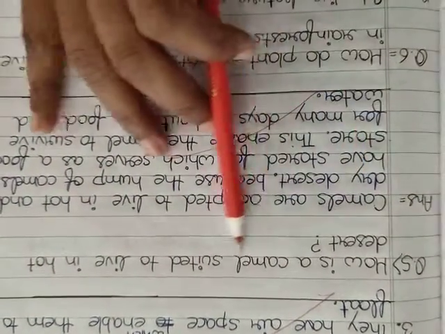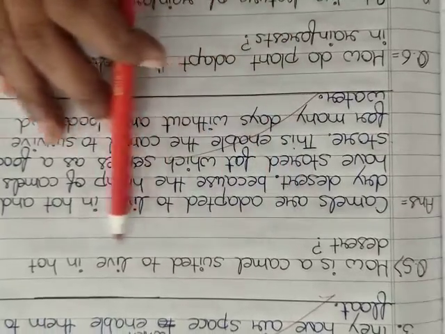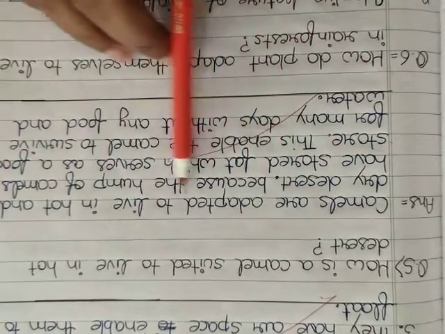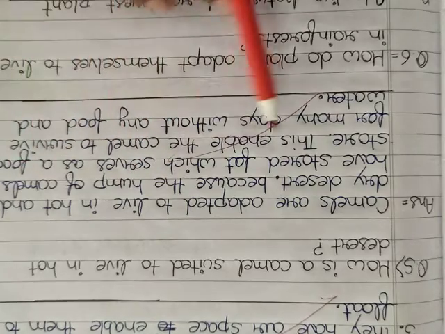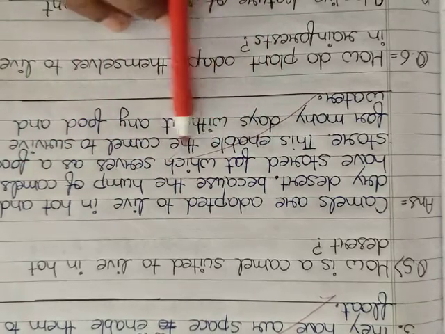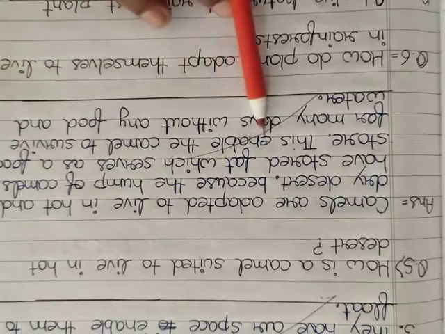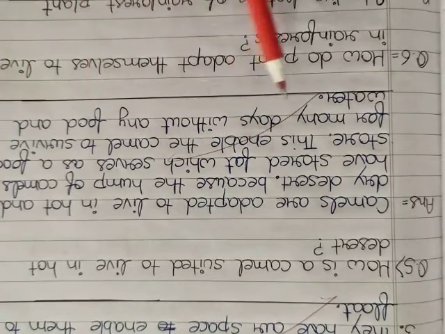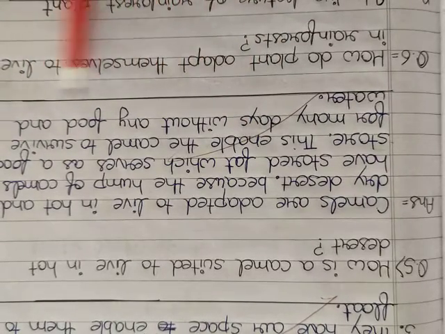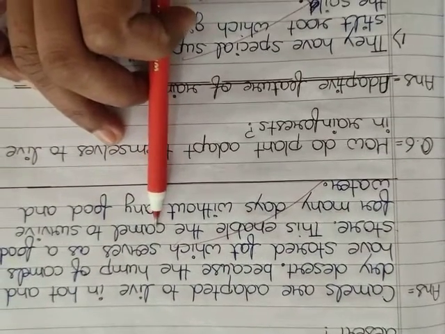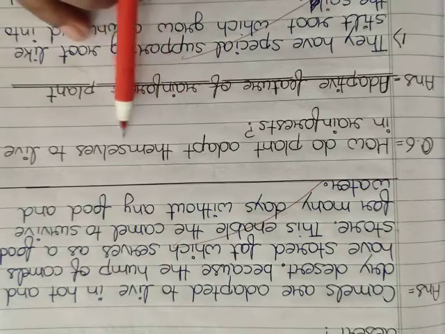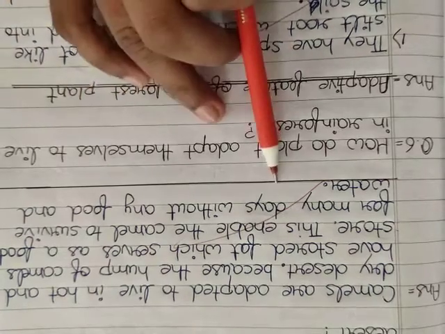Next is, how is a camel suited to live in hot desert? Camels are adapted to live in hot and dry desert because the hump of camels has stored fat which serves as a food store. This enables the camel to survive for many days without any food and water. Next question is, how do plants adapt themselves to live in rainforest?